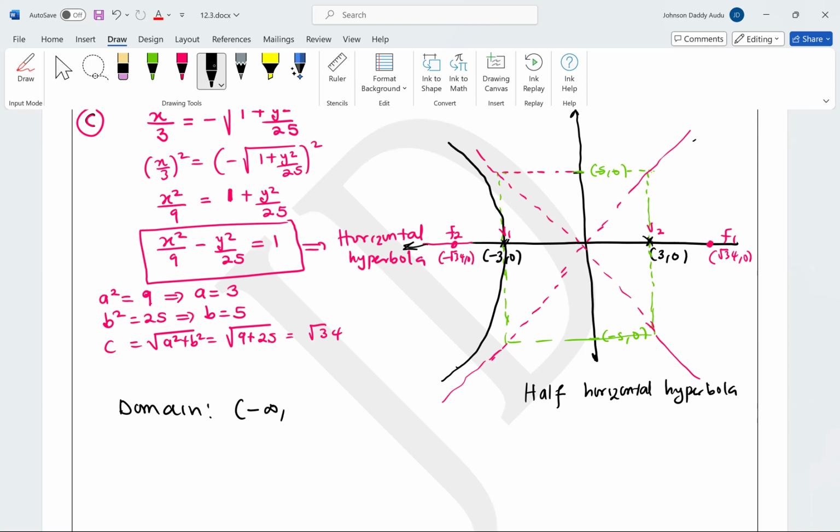Don't forget that this keeps going. So you're coming from minus infinity, you stop at where? Minus 3, closed. And I think that is the only part because the other side is removed, yes? But the range, I think the range will still remain. The range is still going to be minus infinity to infinity.